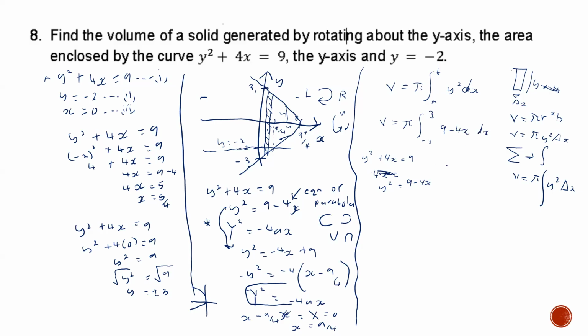Excuse me. Yes, please. I have a slight question. Aren't you rotating about the y-axis? Yes, we are. Then why is it that the strip we are getting is a strip about the x-axis? Oh, okay, that's a good question actually. Let me try to explain it this way.